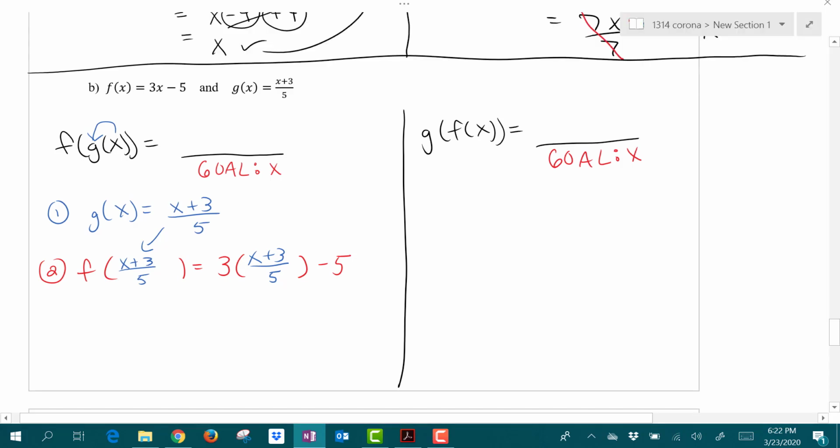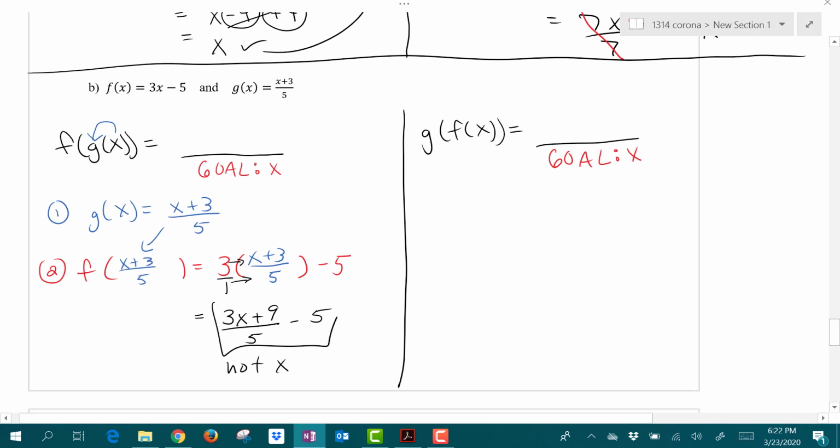So in this case, when I think about 3 over 1 as a fraction and I look to multiply those two fractions together, the 3 and the 5 are not going to cancel each other out. So the best that I could do to perform the multiplication would be to multiply across. We get 3x plus 9 divided by 5. 1 times 5 is 5. Minus 5. And this is not x.